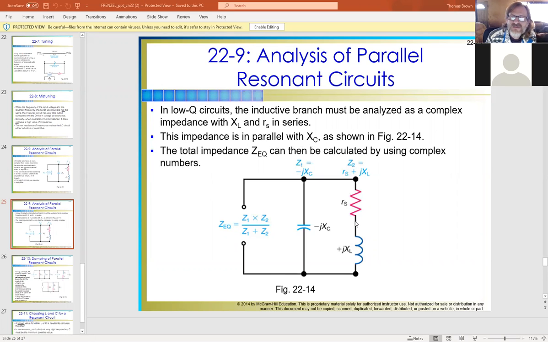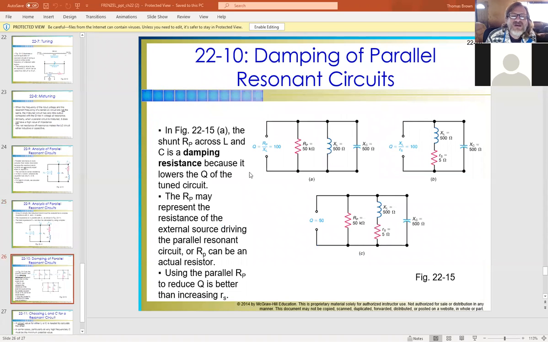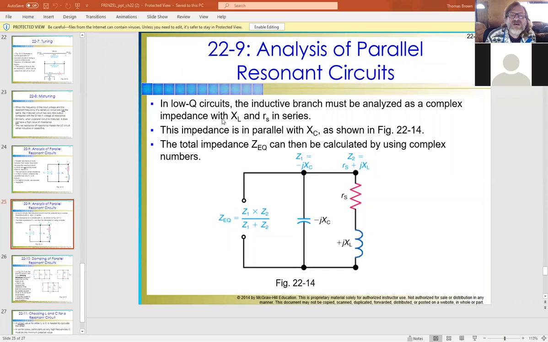You could see even from the formulas that we are always going to be slightly off. And so if we raise our Q factor up, we minimize the effect of the R sub S, the resistance of the coil. So something to keep in mind.